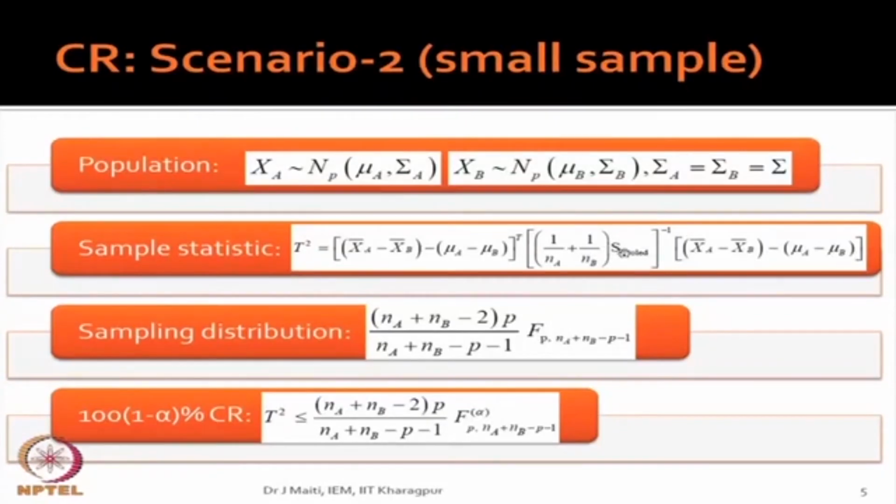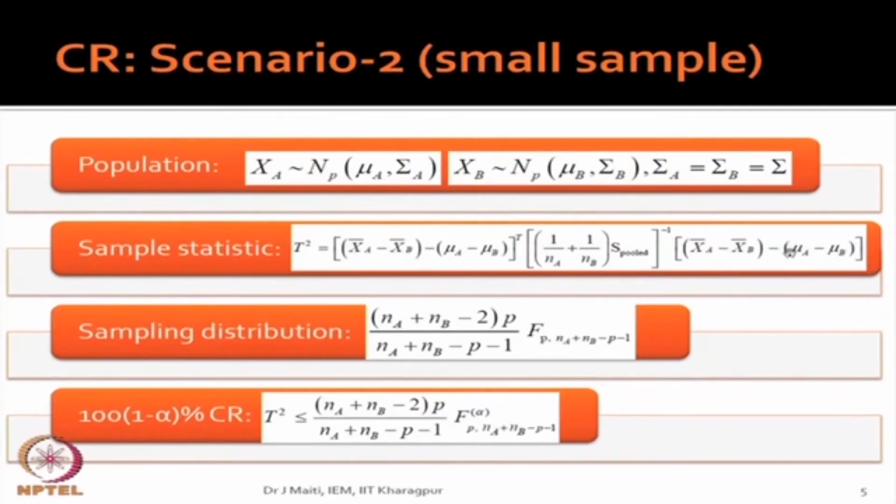S pooled is the same equation you have seen earlier: N_A minus 1 into S_A plus N_B minus 1 into S_B, divided by N_A plus N_B minus 2. Earlier we also derived in the univariate case that the quantity 1 by N_1 plus 1 by N_2 will be there. This is the covariance part. So you have to take the inverse of this covariance, then you square this one, X_A bar minus X_B bar, that random variable.